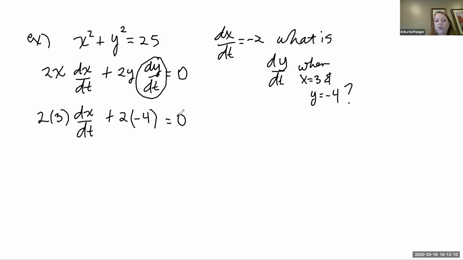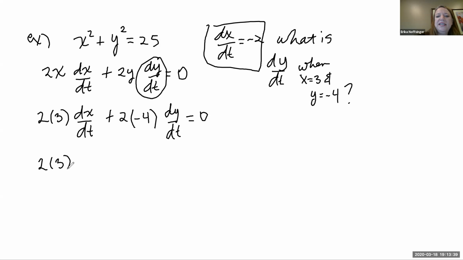Okay, so we have 2 times y, where y is -4, times dy/dt, which we don't know. That's the one we're trying to find. This is equal to 0. But we are given what dx/dt is. That's -2. So we have 2 times 3 times dx/dt, which is -2, plus 2 times -4.